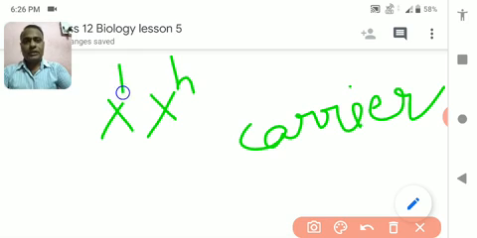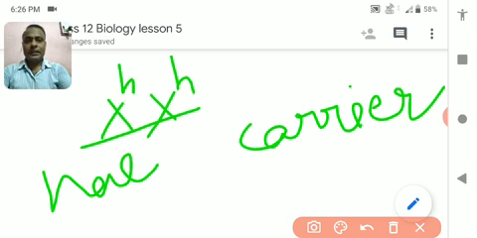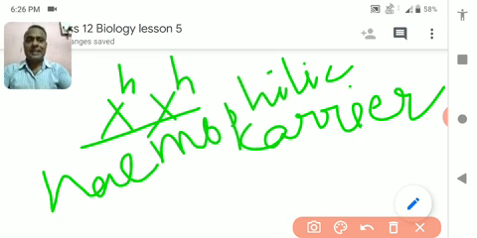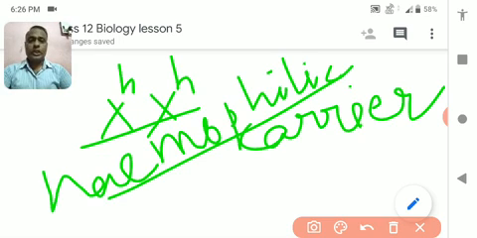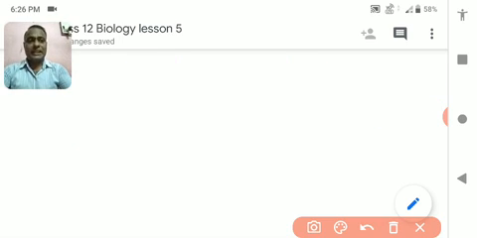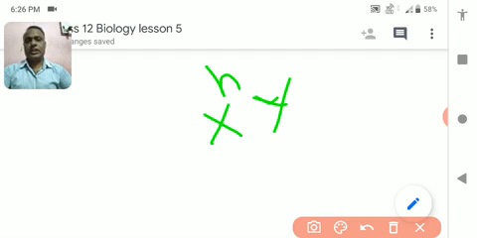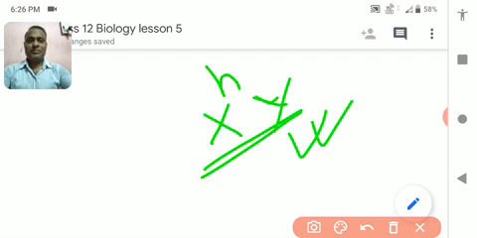But if both X chromosomes contain the hemophilic trait, then she is hemophilic and shows hemophilia. But in the case of a male, the male has only one X chromosome, and if this X chromosome contains the hemophilic trait, then the male becomes hemophilic.